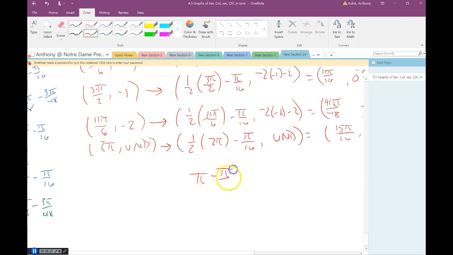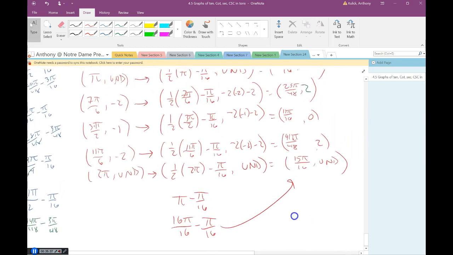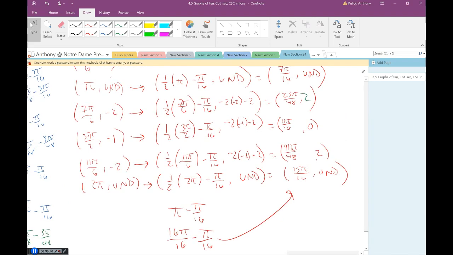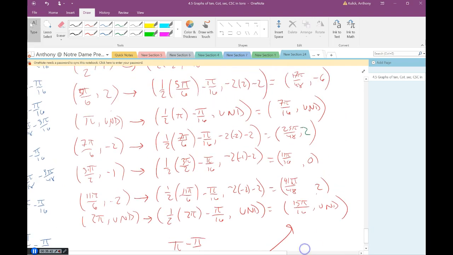Pi minus pi over 16 is 16 pi over 16 minus pi over 16, which is indeed that, right? Yes.